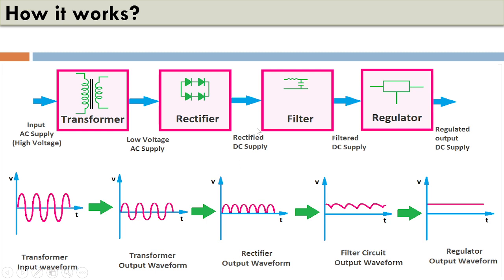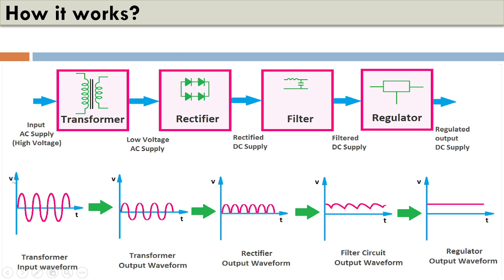Well, now together if we see the traditional regulated power supply, here we can see we have a transformer where the high AC voltage is stepped down and we get a low AC supply. It is then rectified.